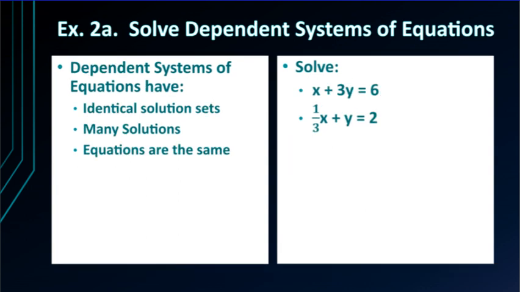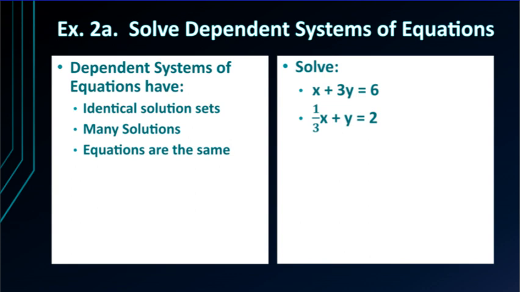Next example, dependent systems. Dependent means you have identical solution sets, which means they're exactly the same line. You have many solutions, so any solution you put in there will work. Let's take a look at this example. We have x plus 3y equals 6, and 1/3 x plus y equals 2.